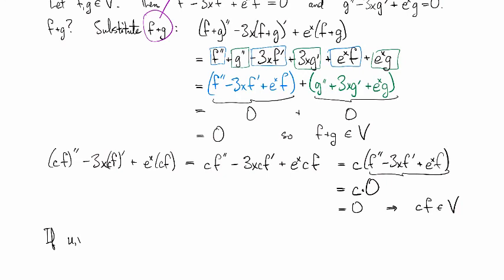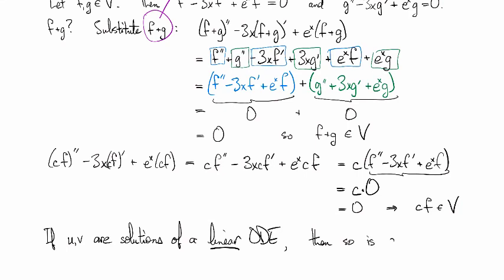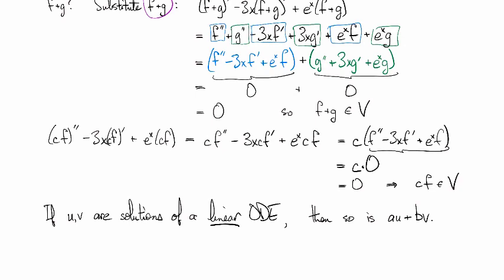So if u and v are solutions of a linear ODE, any linear ODE, then so is au plus bv. So this is sometimes referred to as the principle of superposition. And we've seen this in the homework exercises.